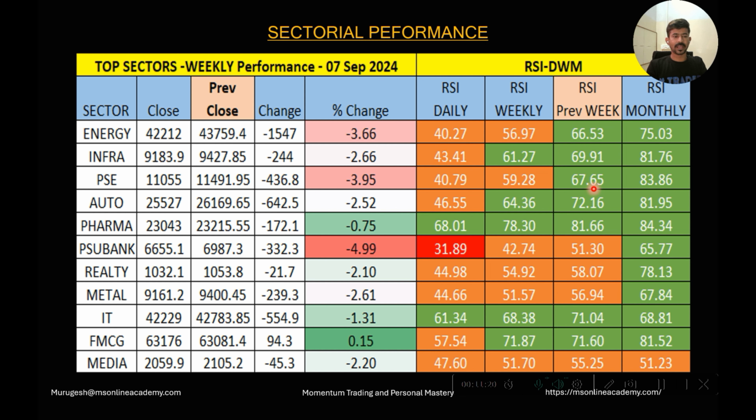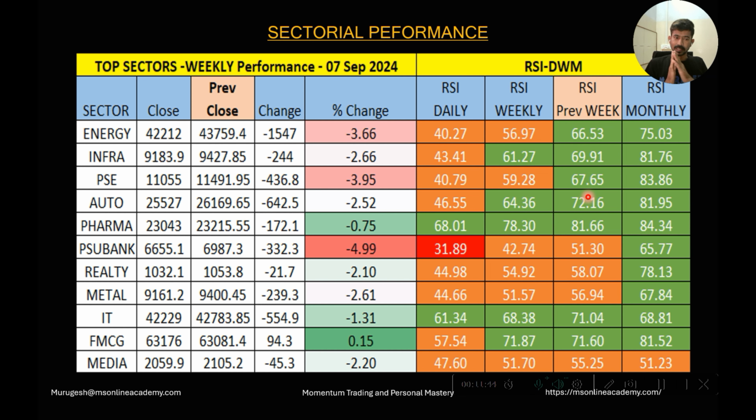And auto, infra. These are sectors which are at the RSI 40 support. That means infra is at this 40 support, and it's above 60 in weekly and monthly. That means DWM. In a similar way, auto is near 40 and above 60 in both the weekly and monthly. That means DWM.